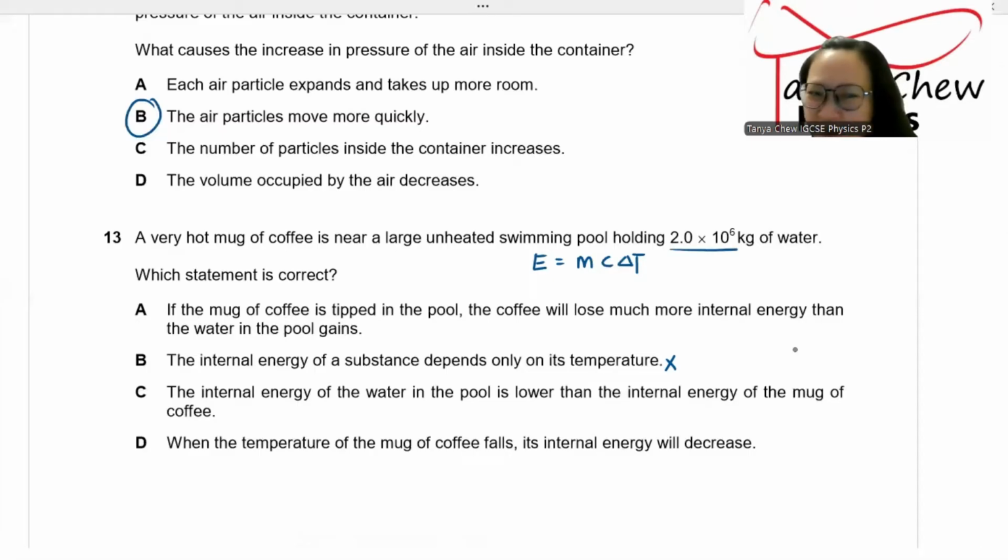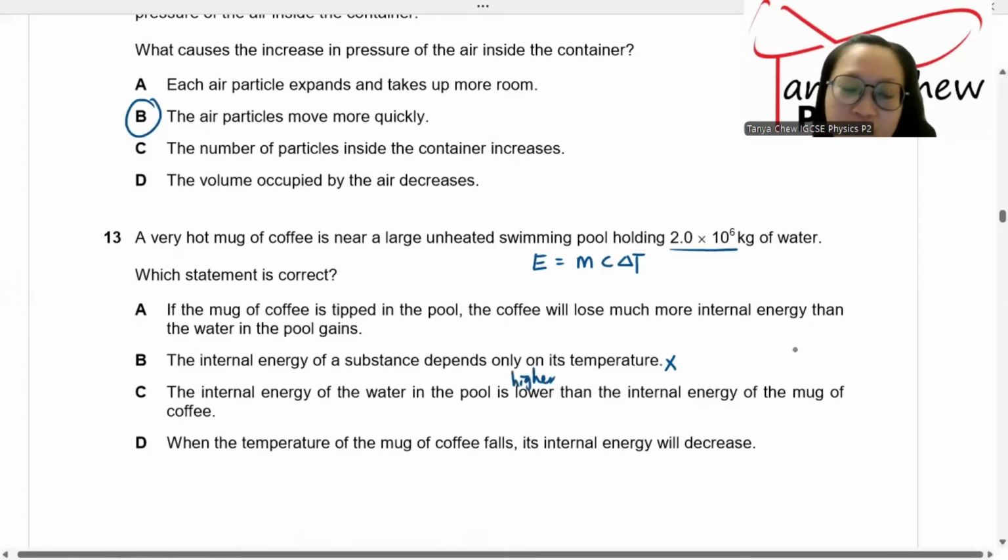The mass of the coffee is not even 1 kilogram because that is a mug of coffee. It's just less than that. So that is why the internal energy of the water is not lower. It is actually higher because the mass of the water is higher.